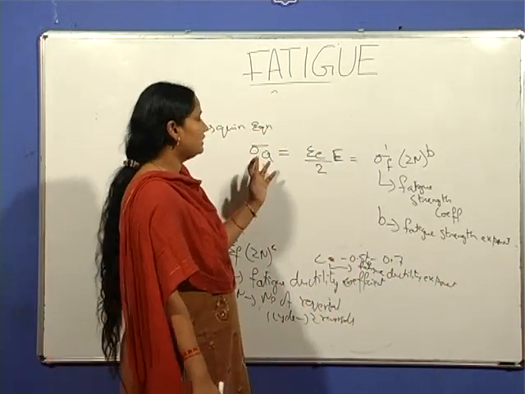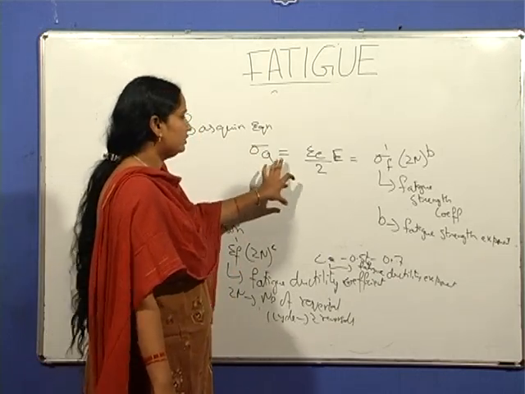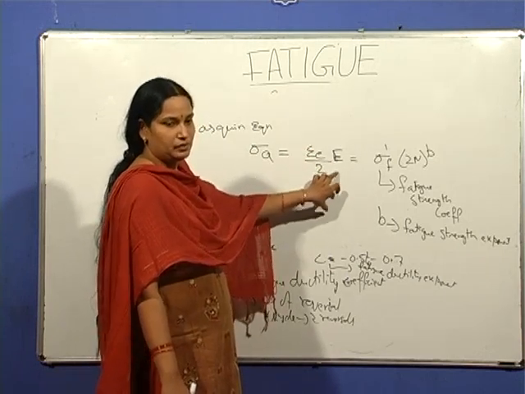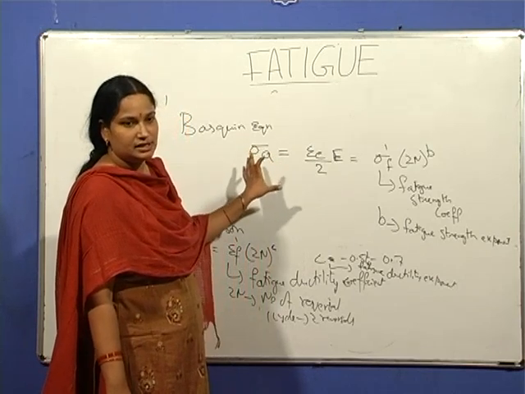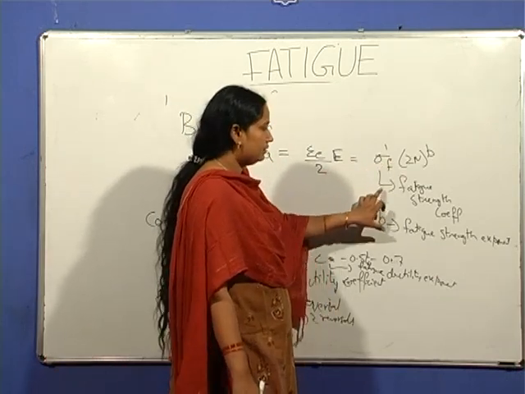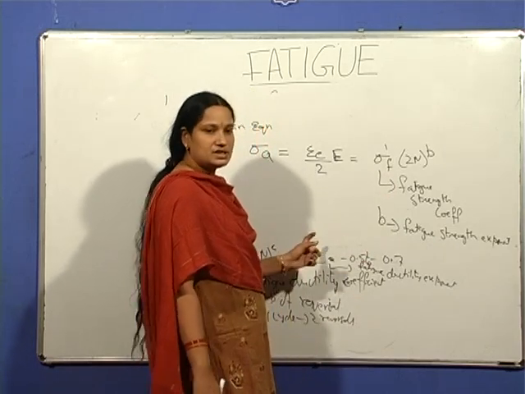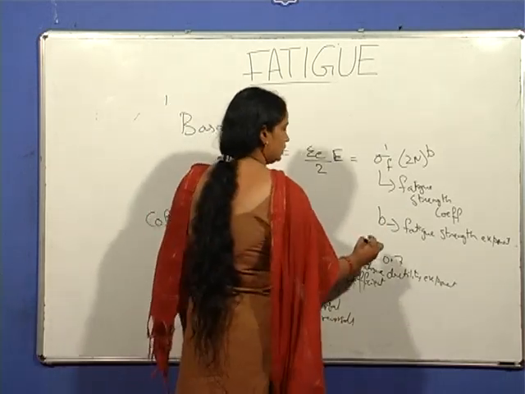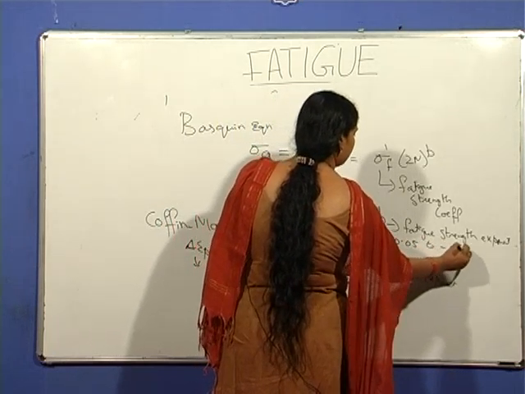In the case of the Basquin equation, which is related to high cycle fatigue, the stress amplitude is equal to elastic strain into the Young's modulus, because here the stresses are within the elastic regime, and this is equal to sigma f prime, the fatigue strength coefficient, 2N is the number of reversals, where one cycle is equal to 2 reversals, and b is the fatigue strength exponent, which has values of about minus 0.05 to minus 0.12.